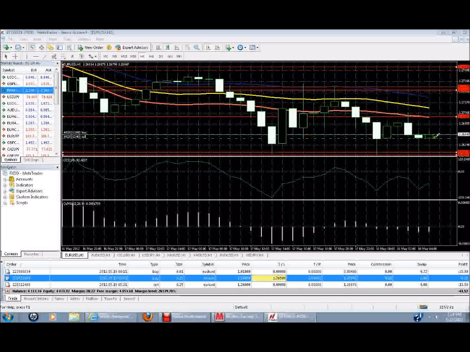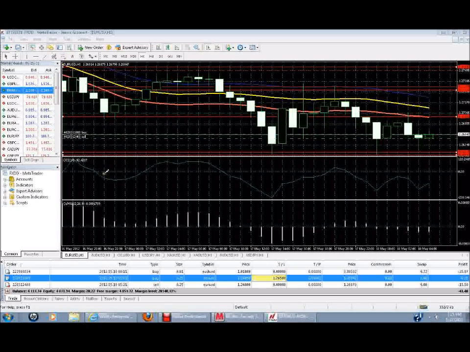You see that sword came out. It's coming up now, but we're in a position to make money both ways. When it comes up, then when it comes down, we'll make money both ways. Let's see what's going to happen. Hopefully we'll get something happening before this class is over.